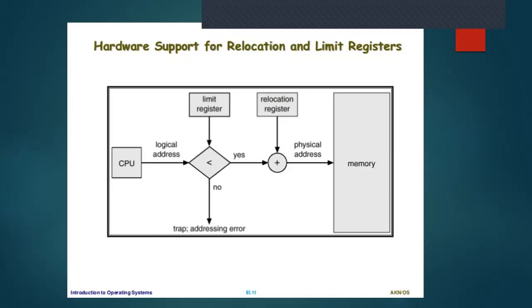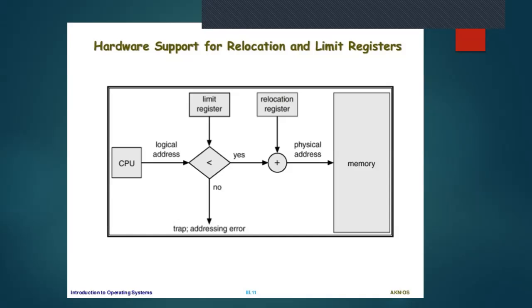If we look into the diagram, from the CPU a logical address is generated. Now one translation needs to be done from logical to physical address. The translation is done and the value of the limit register is checked.